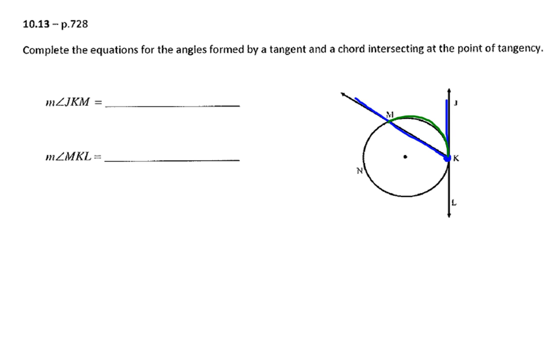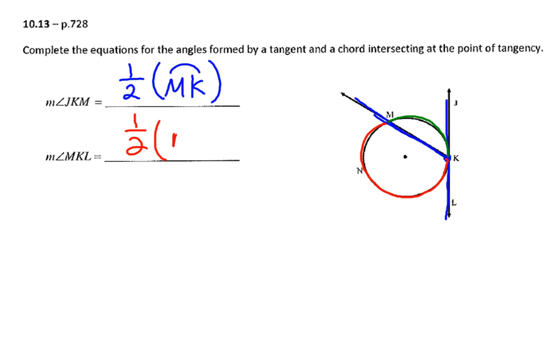That's the arc that goes with that angle. So it is going to be equal to half the measure of arc MK. And if I look at this angle and I follow that, it goes from the vertex all the way around. So it's going to be half of the measure of arc MNK. So you've got a major arc there.